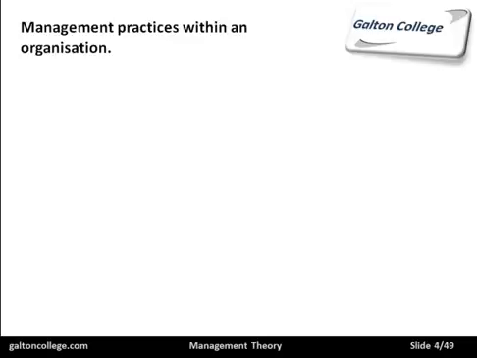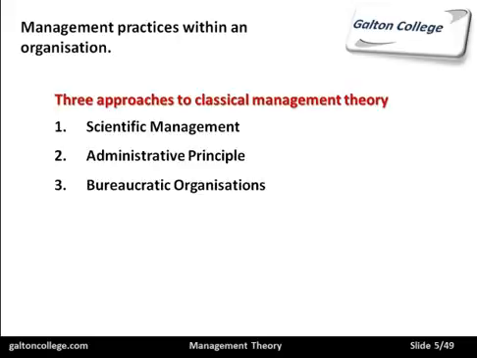So we will look at management practices within an organization. The three approaches to classical management are scientific management, the administrative principle, and bureaucratic organizations. So this classical view can be viewed with three components, three aspects to it.